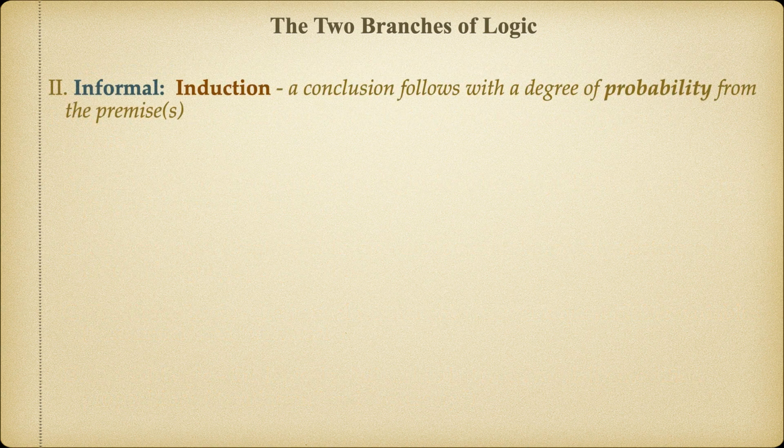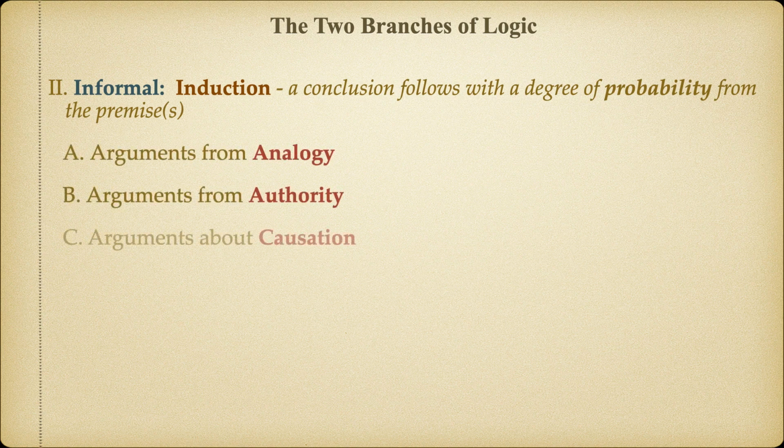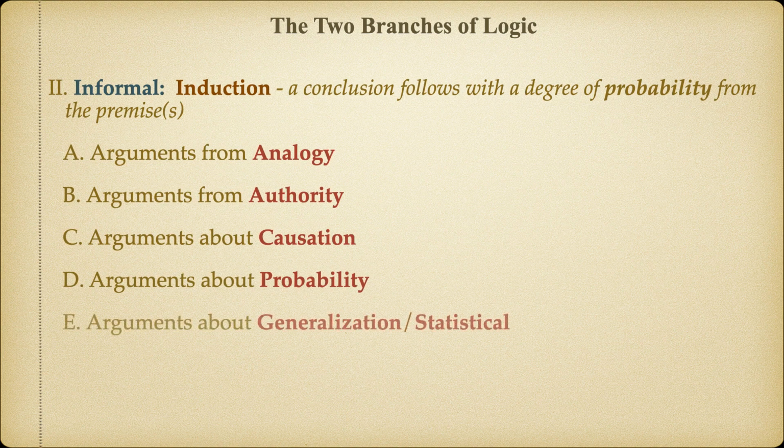Informal logic is very different from formal logic. The argumentative structures of induction are not axiomatically defined as they are in formal logic, so they're infinitely variable. But there are, as we have pointed out earlier, several common types, or we could call them families, of induction, by which we can organize the infinite variety of different inductive arguments.